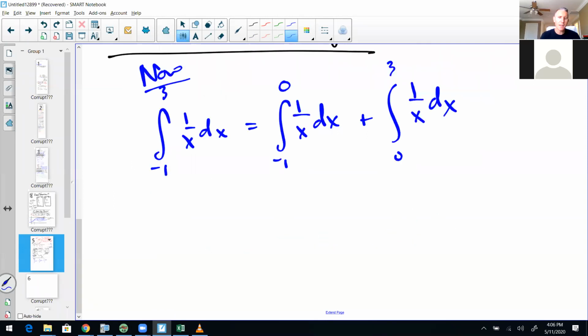And then we said, hey, let's look at this. I broke it up from -1 to 0 and 0 to 3 because at x equals 0, the integrand is not even defined. So I would say that this is equal to the limit as t approaches 0 from which way? From the left or right?